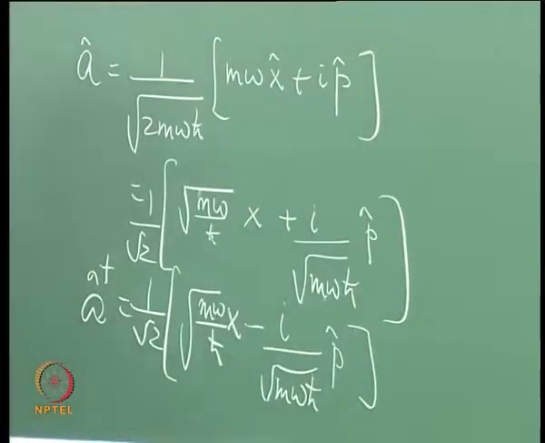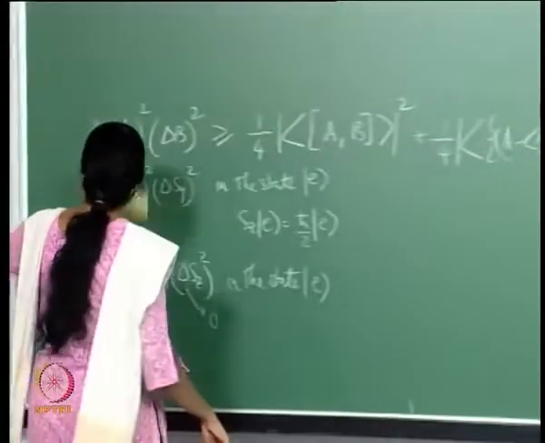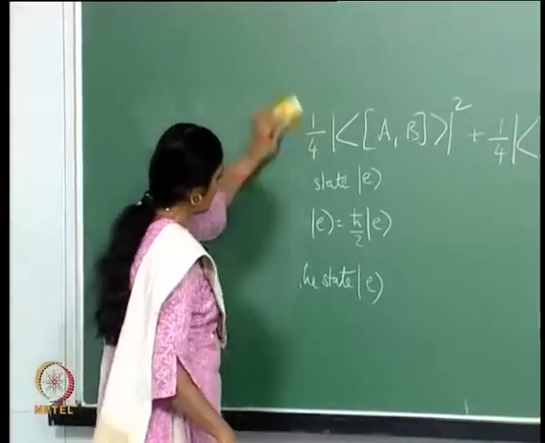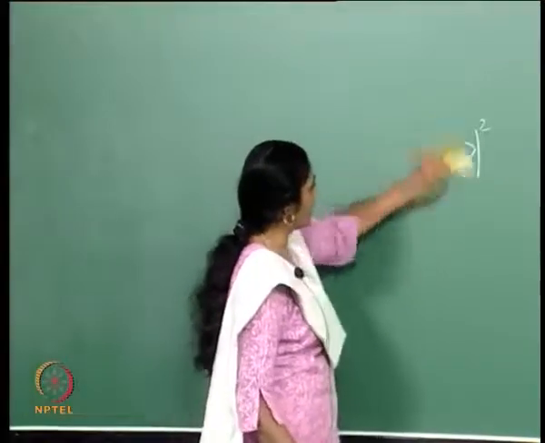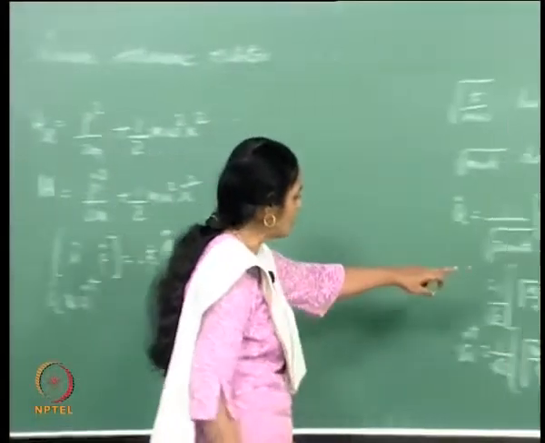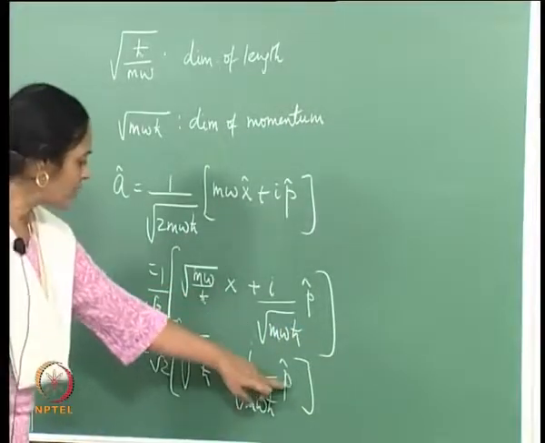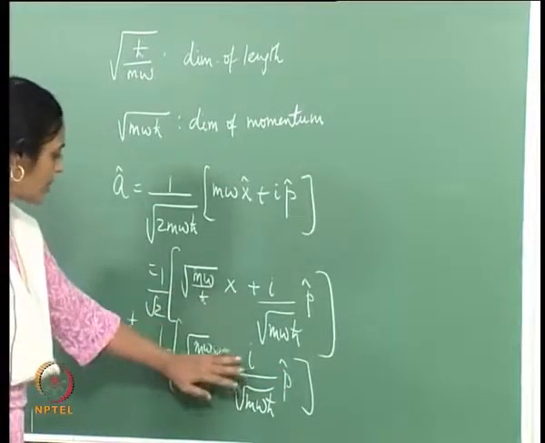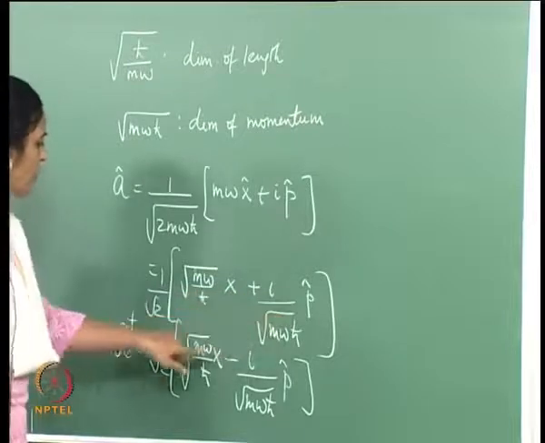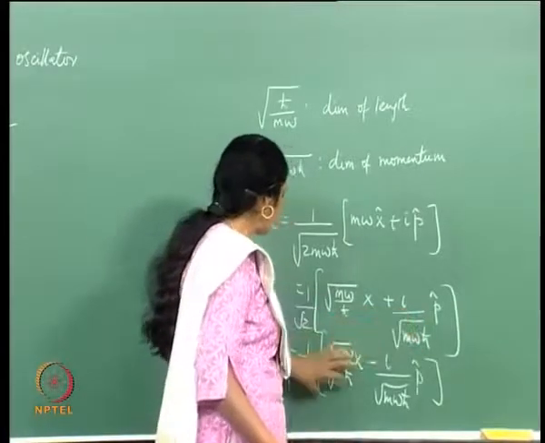Now, you can find the commutator of A with A dagger, and that is simply 1, using the fact that the XP commutator is i h cross times identity. The commutator of X with X is 0. The commutator of X with P is i h cross. You can pull out all these constants. Similarly, the commutator of P with X will give me minus i h cross apart from these constants.